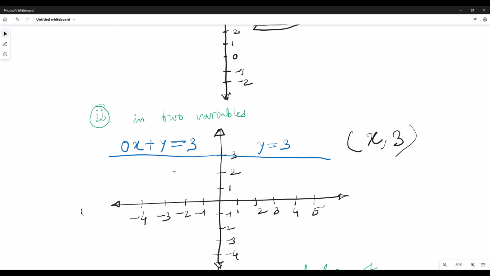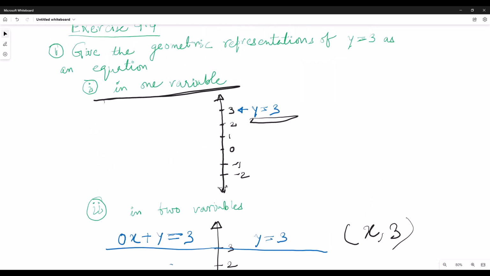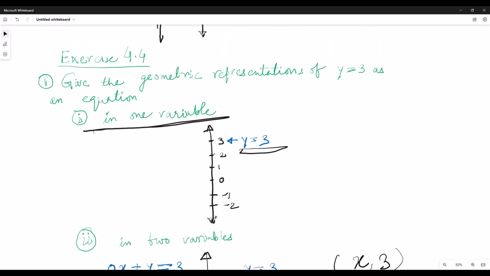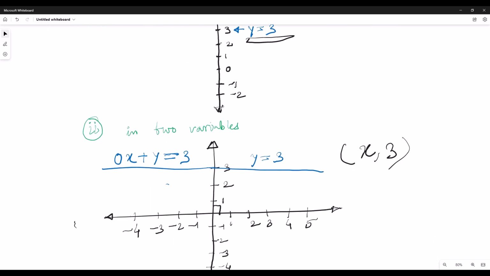So there will be two number lines cutting each other at 90 degrees. It says that y is 3. It is not telling anything about x. So y has to be 3, but x can be anything.